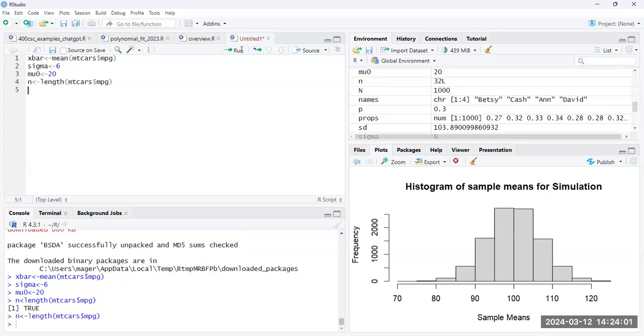There we go. And then finally, our z-test is going to be x bar minus mu0 divided by sigma divided by the square root of n.